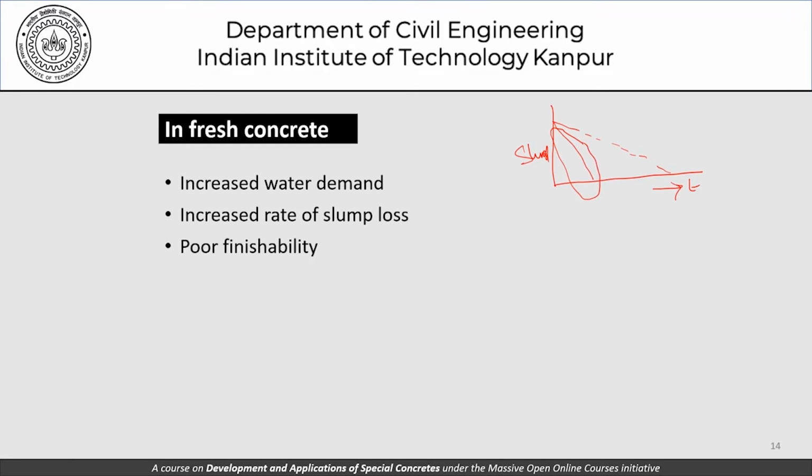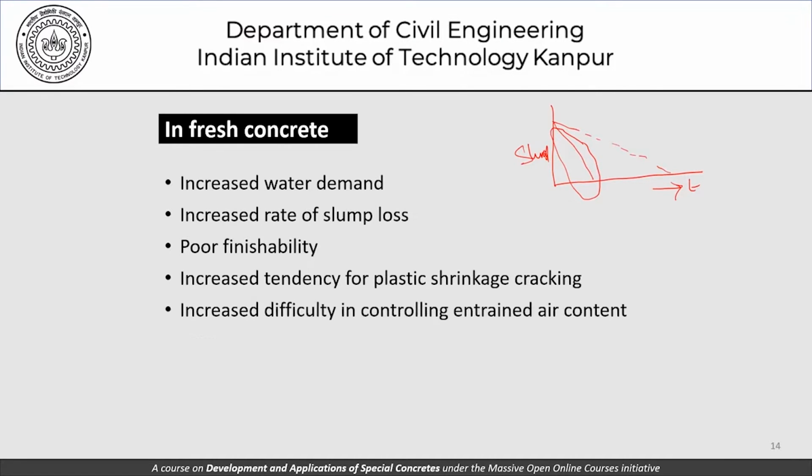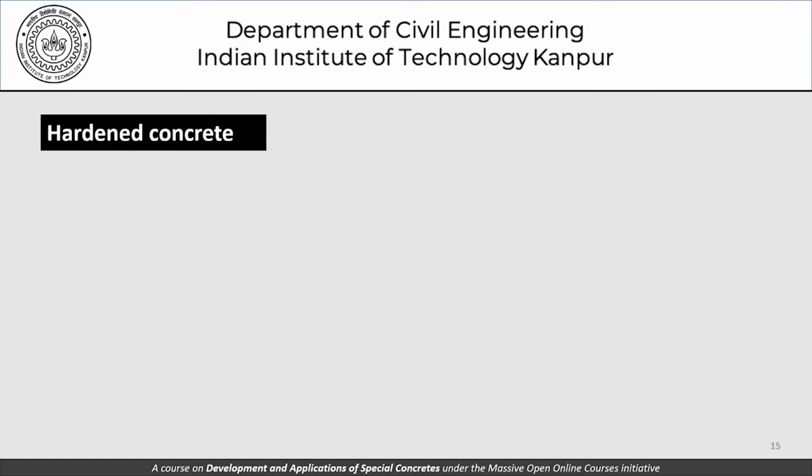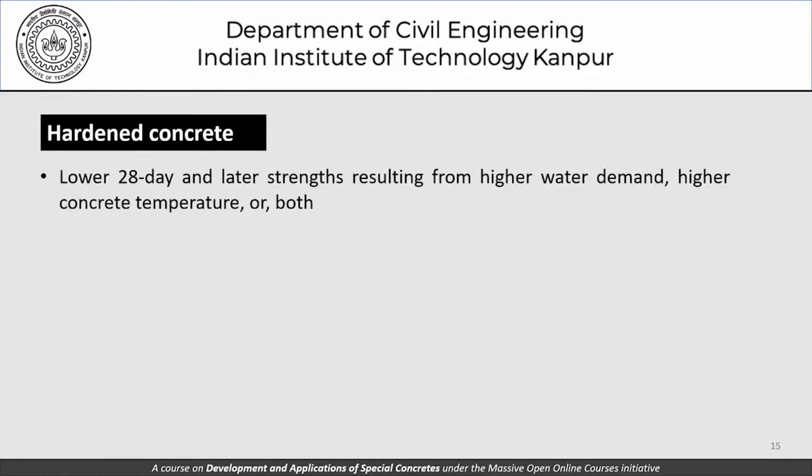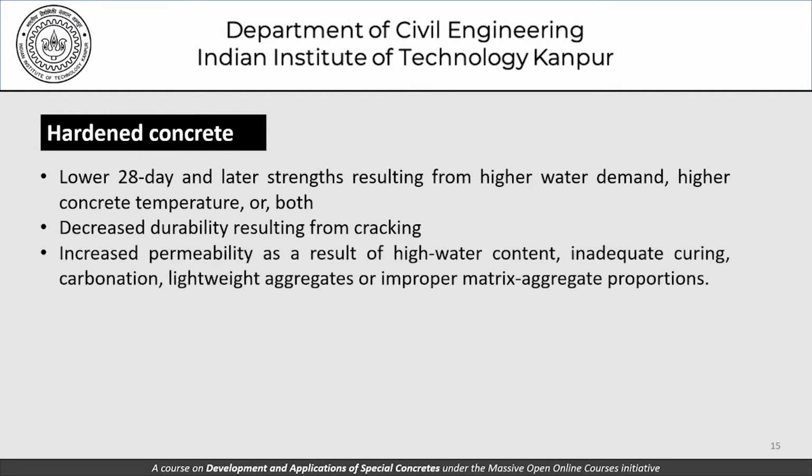Poor finishability of the concrete, increased tendency for plastic shrinkage cracking, increased difficulty in controlling entrained air, and increased potential for thermal cracking. As far as hardened concrete is concerned, the effects could mean lower 28-day and later strengths resulting from the higher water demand and the higher concrete temperature, decreased durability resulting from cracking, increased permeability as a result of the high water content, inadequate curing, carbonation, lightweight aggregates, or improper aggregate matrix proportions.